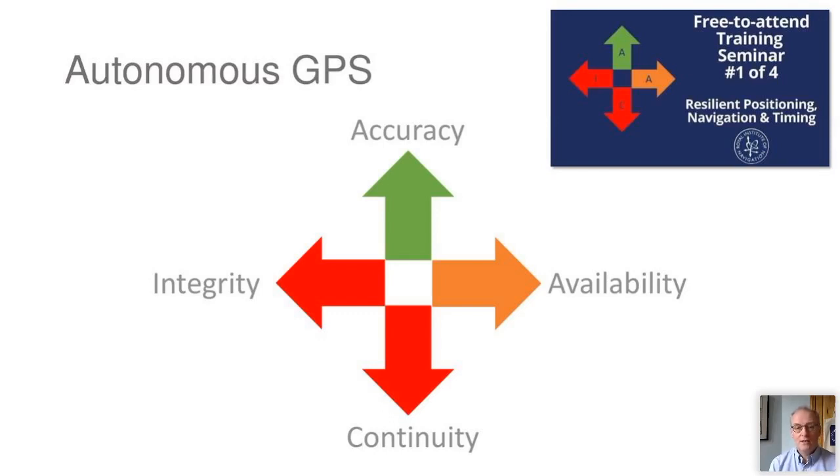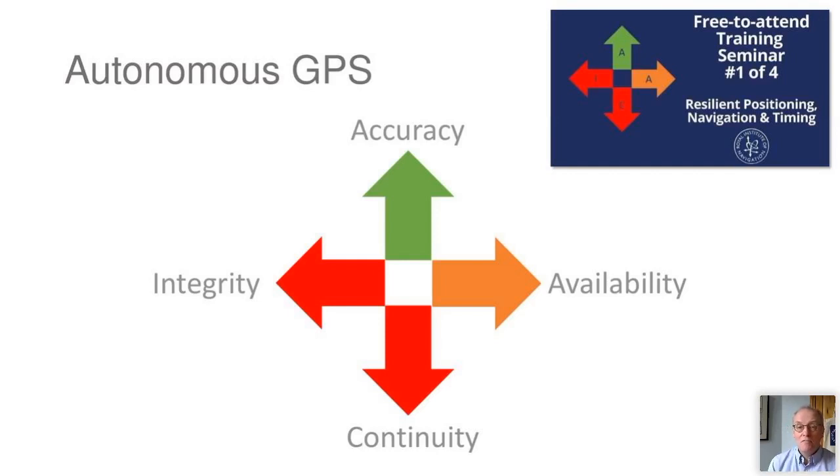So what I'm suggesting on this chart is that for a run-of-the-mill GPS or even GNSS receiver, accuracy typically is rather good. Now, obviously, your definition of accuracy depends on your particular requirement. But if we just speak in general terms here, in fact, I'll speak in fairly general terms throughout the whole of my little talk.